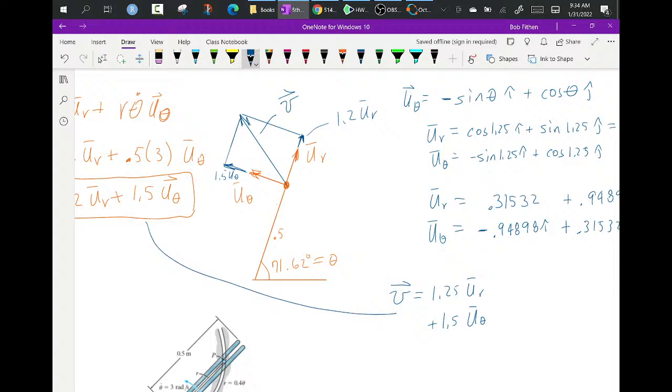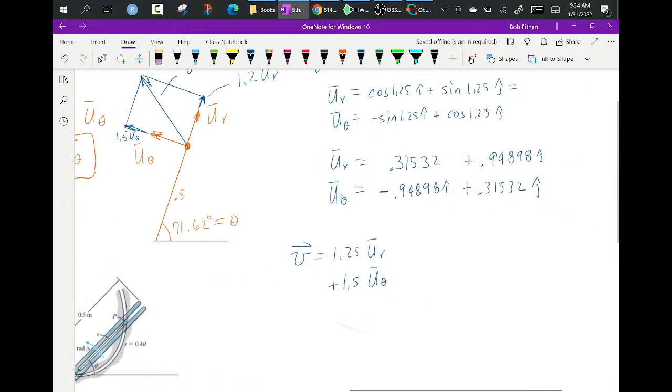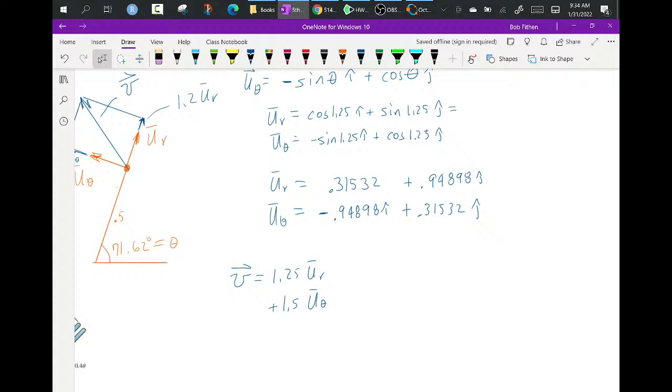I just copied this over, but I wrote them vertically, because I'm going to erase this and replace it with 0.31532 I plus 0.94898 J plus, minus 0.94898 I plus 0.31532 J.